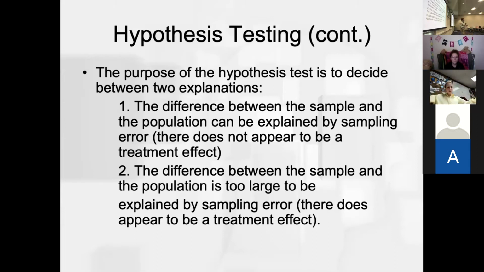We would say there doesn't appear to be a treatment effect in this case. So perhaps with the coronavirus vaccine, there's a difference between the rates of infection in those who get the vaccine and those who don't, but maybe it's just so small we can't say definitively that the vaccine actually did anything.